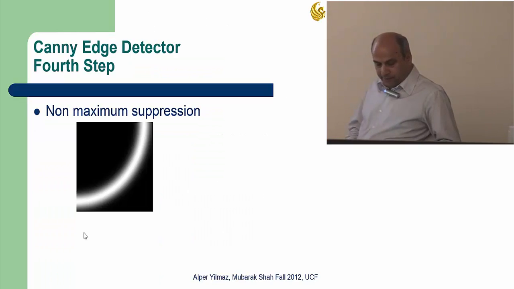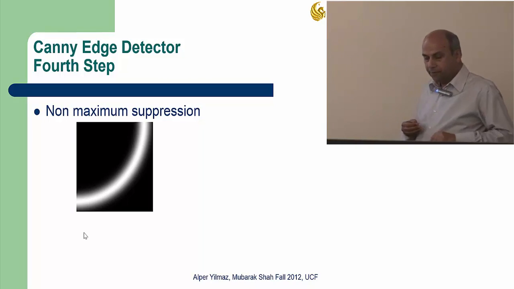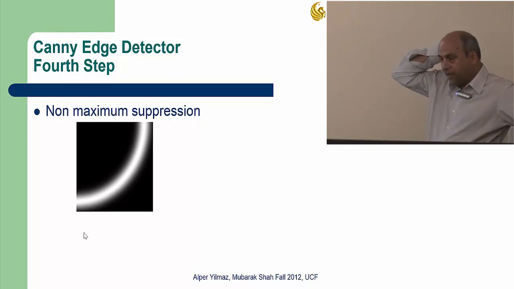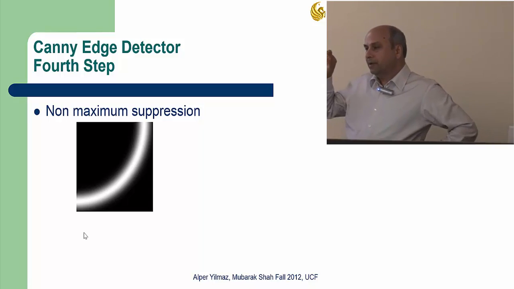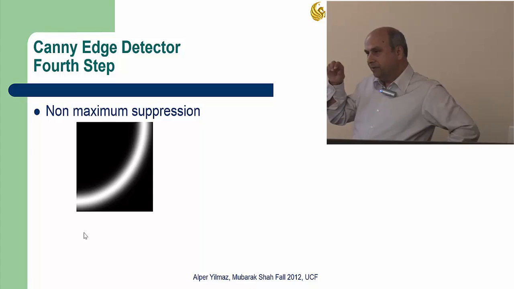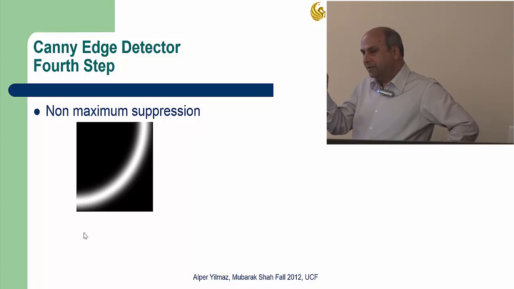So let's talk about the non-maxima suppression. What this does is that we don't just want to apply a threshold and say that if the gradient magnitude is above some threshold, that's an edge, otherwise not. We want to look at whether the gradient magnitude in that local neighborhood is the maximum compared to its neighbors, and then we say that's an edge.